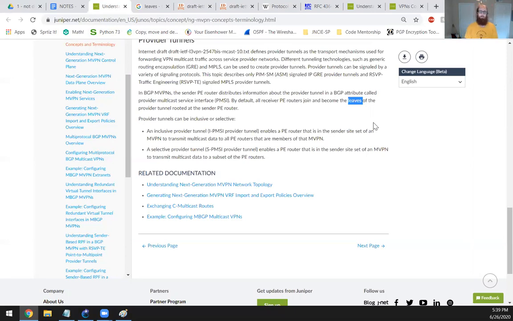A selective provider tunnel, S-PMSI provider tunnel, enables a PE router that is in the sender site set of an MVPN to transmit multicast data to a subset of PE routers.